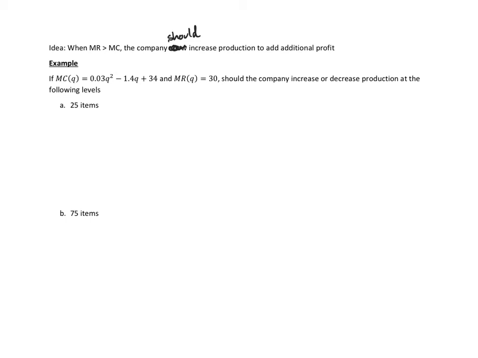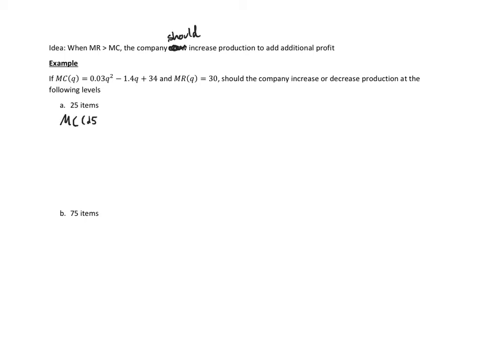So in this case, we're given a function for marginal cost, meaning it's changing with time. Then we're given that marginal revenue, no matter what, is actually $30. So what we want to see is, is our marginal cost greater or less than the $30? If it's less than the $30, we should increase production. If it's greater than, then we should slow production down. So let's see about 25 items.